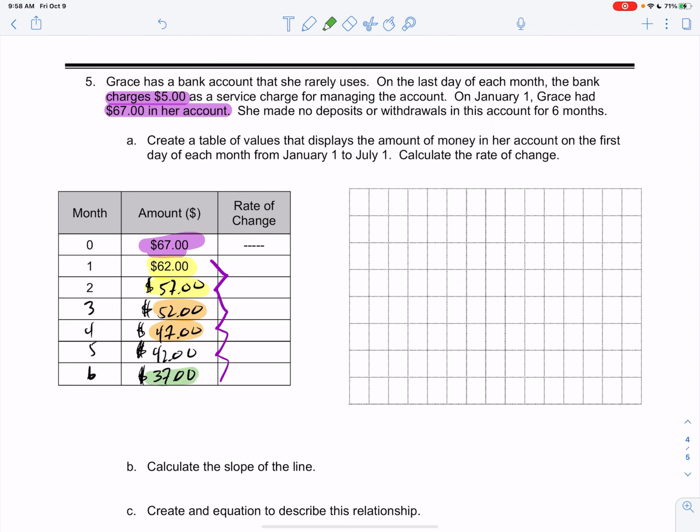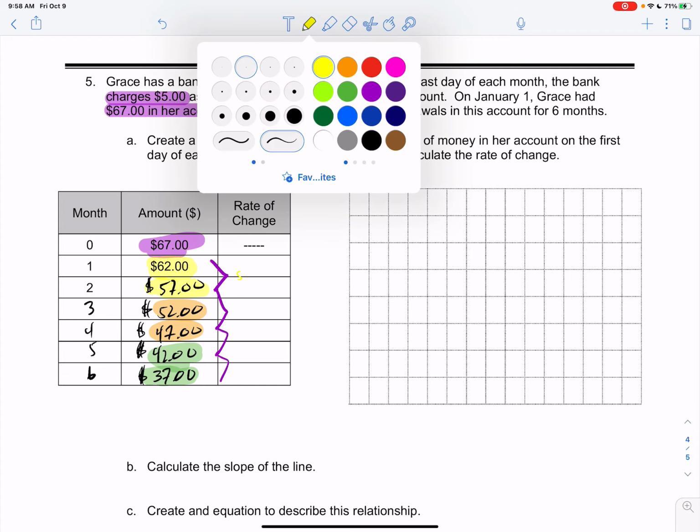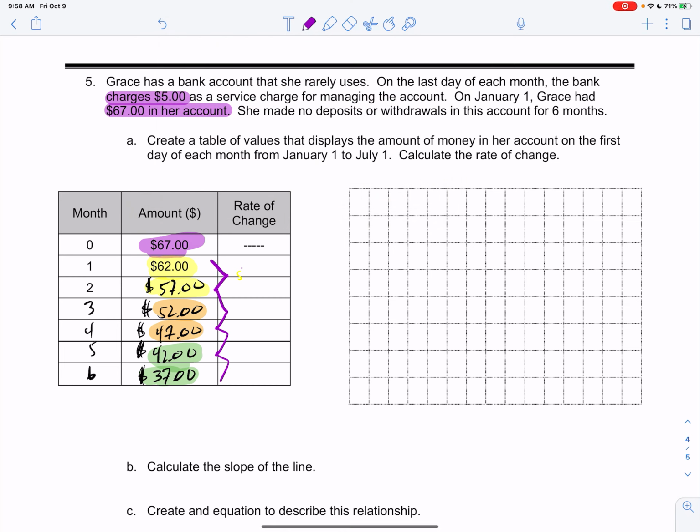Now what comes out here, 57 minus 62 is actually negative 5. And the reason why it's negative 5 is because this is a decreasing relation. You have a decrease in the values here.